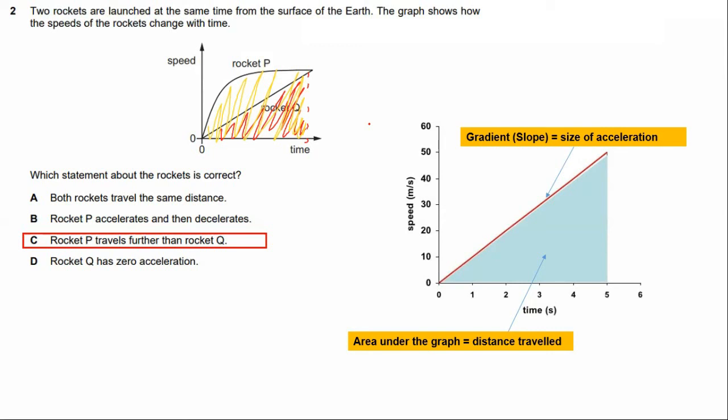When considering answer B, let's first draw two tangents to the curve of the rocket P at two instances. I will use a different color.